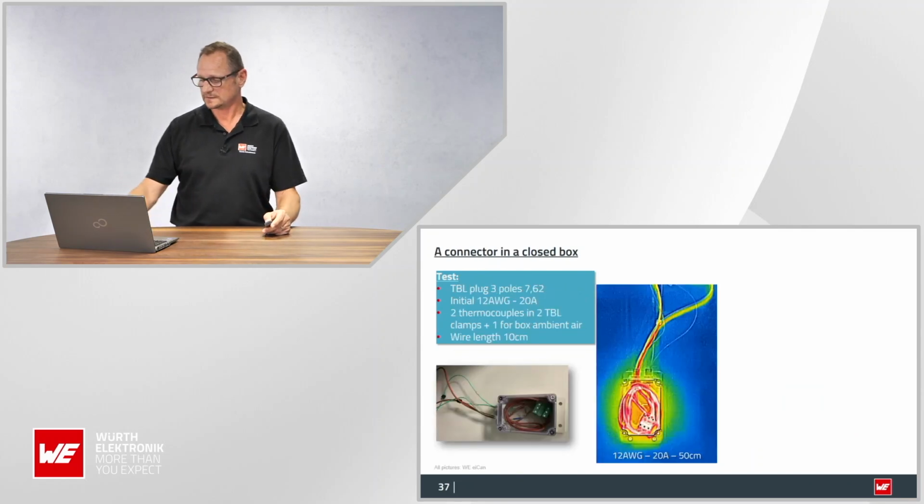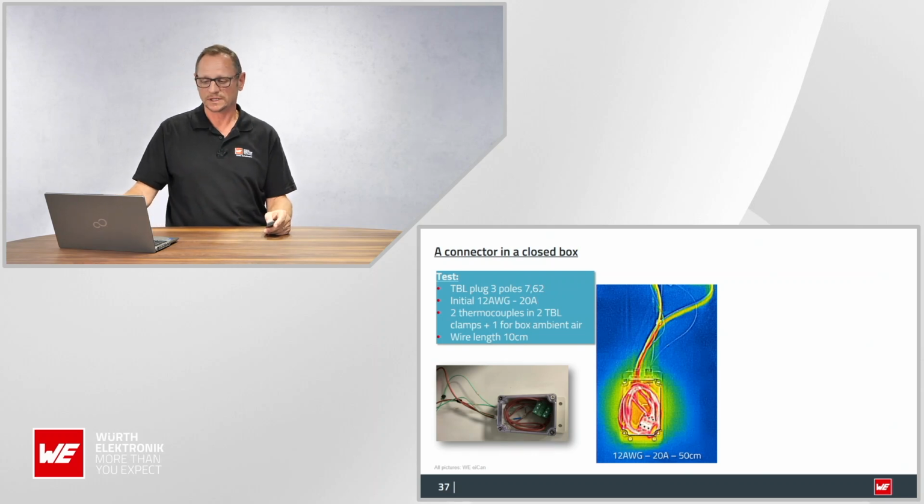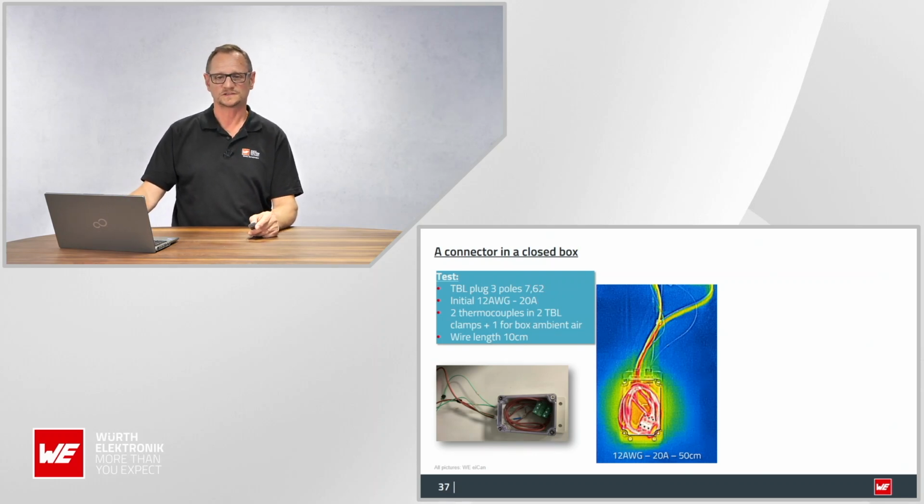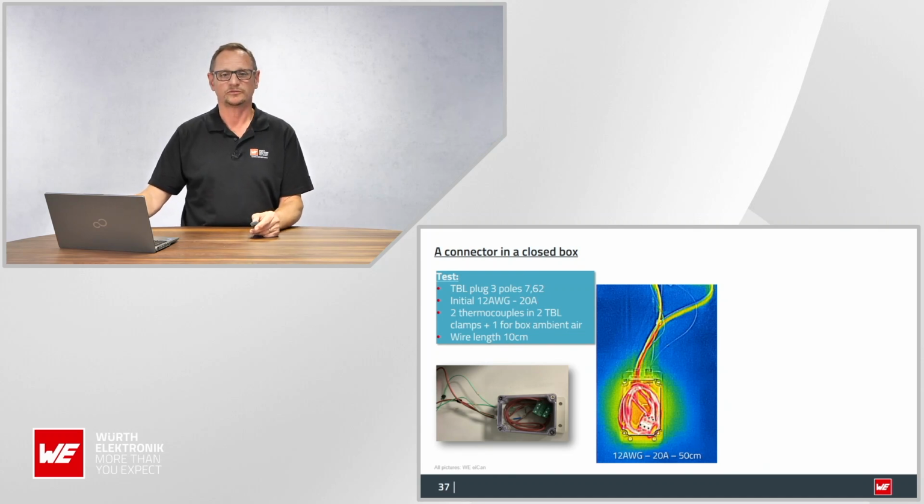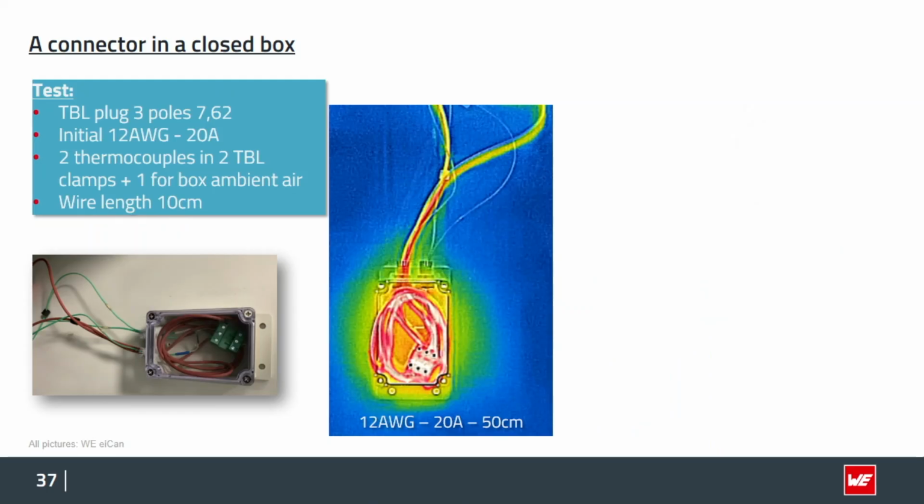So our next test is showing a kind of connector with some wiring. You see this, and it's inside of a closed box. It's the same cabling like before, and also we put some thermocouples inside, and we found out here that it's heating up very drastically.